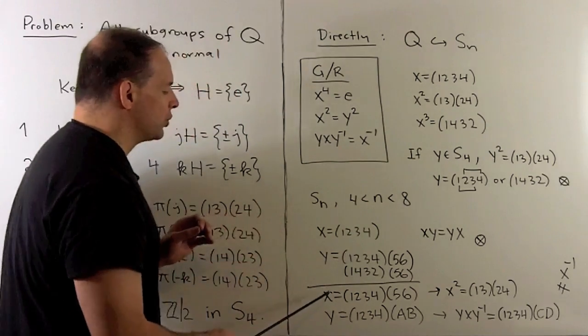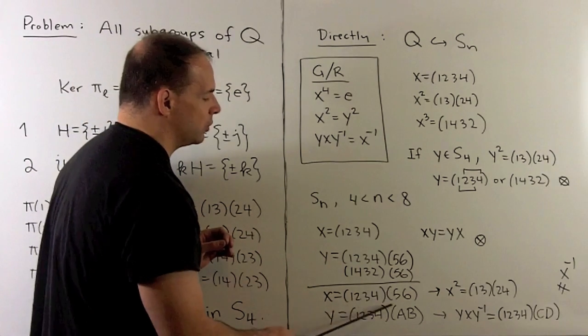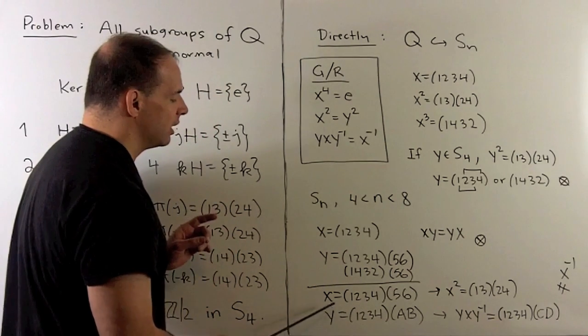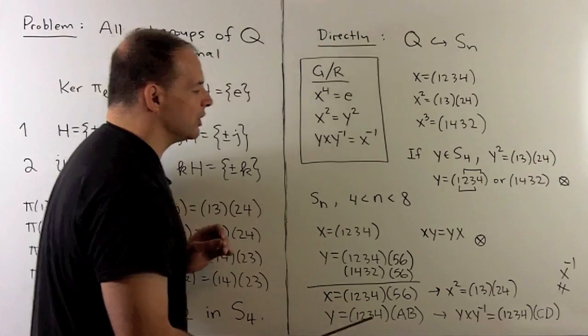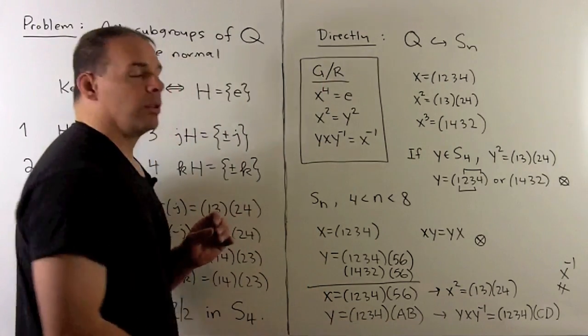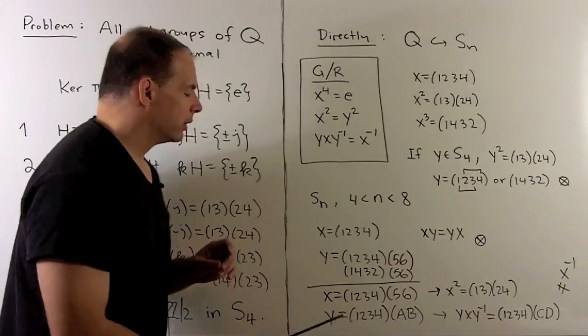If we assume x is of the form (1 2 3 4) with the 2 cycle (5 6), we could try this. Here I still have x squared is equal to (1 3)(2 4). So y is going to need the 4 cycle (1 2 3 4) or (1 4 3 2).